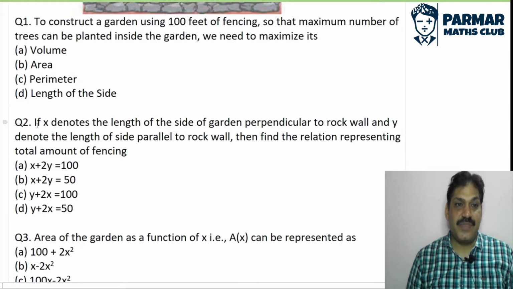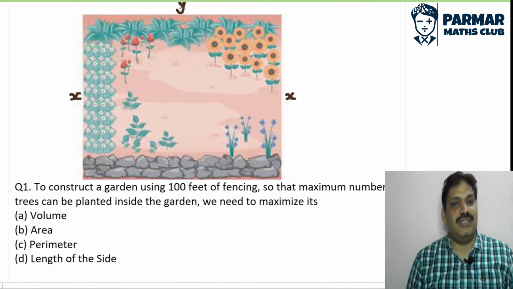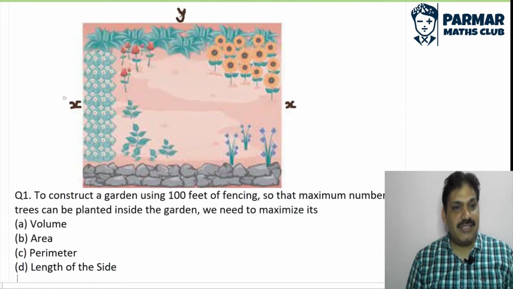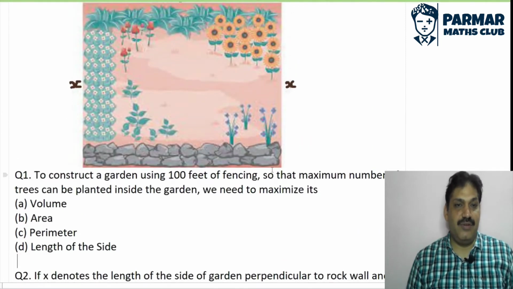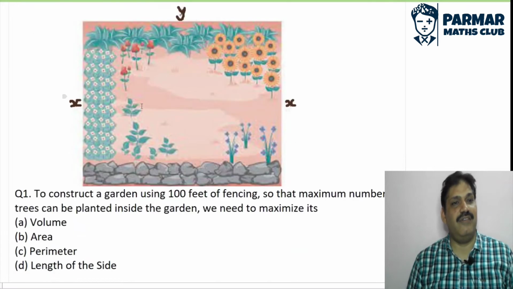Well, the second is, if x denotes the length of the side of the garden perpendicular to the rock wall and y denotes the length of the side parallel to the rock wall. See, this is the rock wall, x is the side perpendicular to this rock wall and y is the side which is parallel to this rock wall. We know that the length of fencing is given simply in the question, 100 feet.